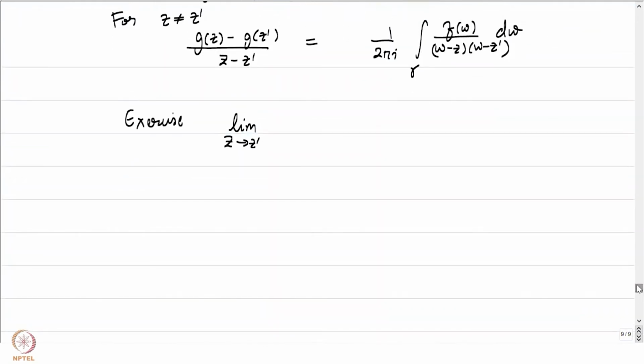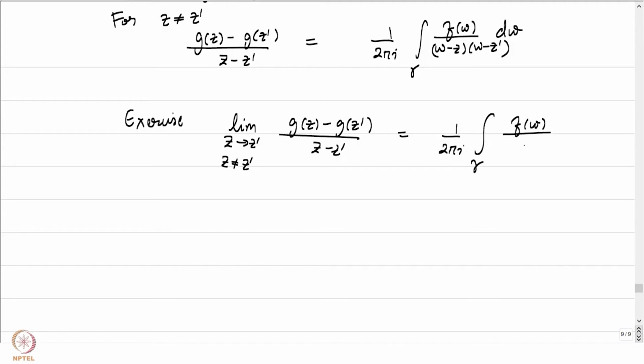Just a little more computation and work is needed, however, to establish that the limit as z goes to z prime of the function g of z minus g of z prime by z minus z prime is going to be equal to 1 by 2 pi i integral over gamma f of w by w minus z prime square dw.